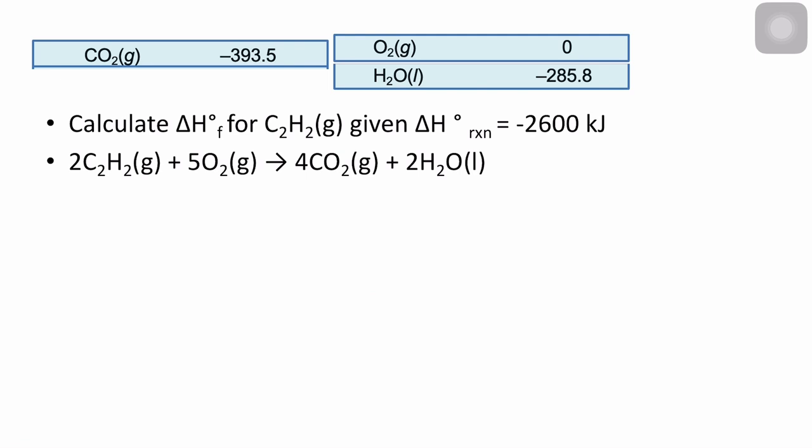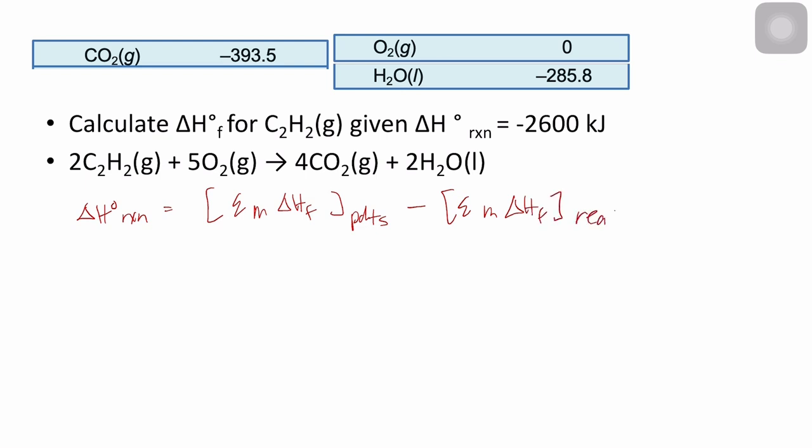So we set up the equation: standard heat of reaction equals the summation of the moles and the standard heat of formation of the products minus the summation of the number of moles times the standard heat of formation of the reactants. So we substitute the standard enthalpy of reaction, negative 2,600 kilojoules.